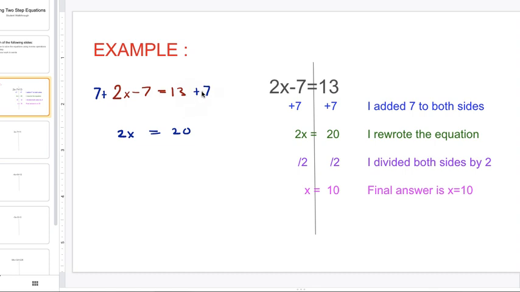So you can do it in line like that. I divided both sides by 2, and therefore now I'm rewriting the equation here again. Final answer is 10, and that was like that.